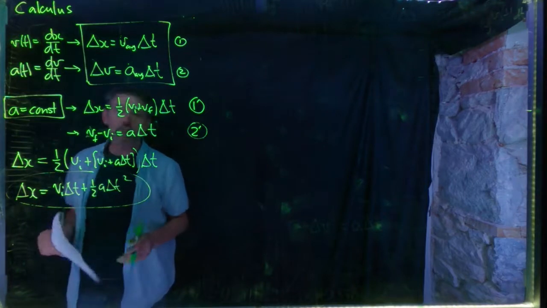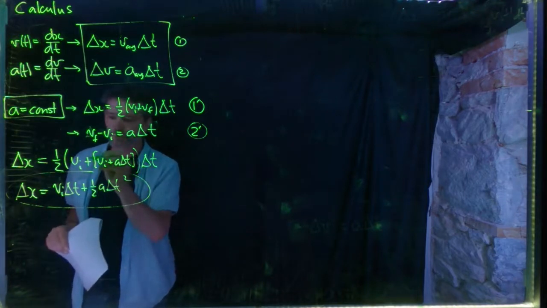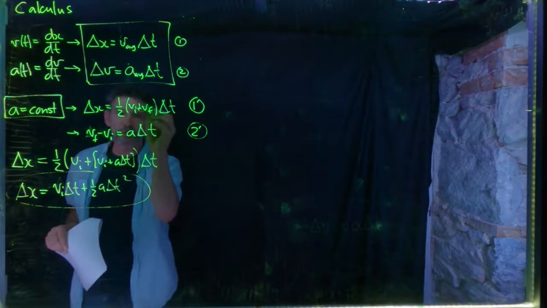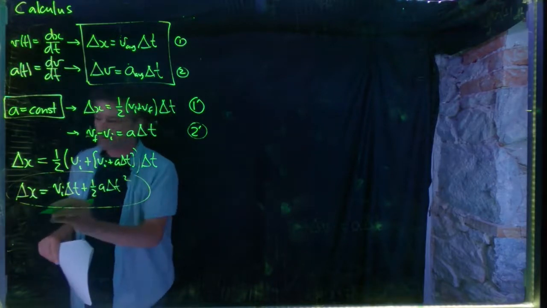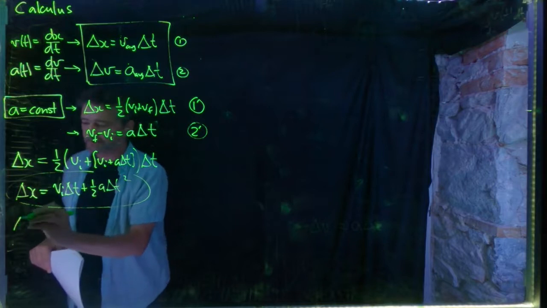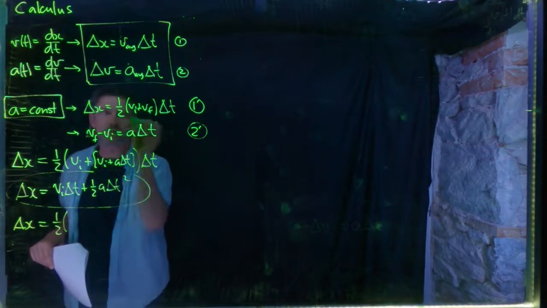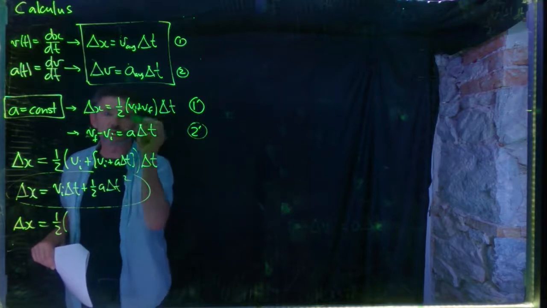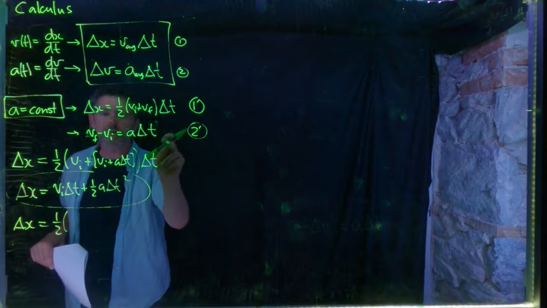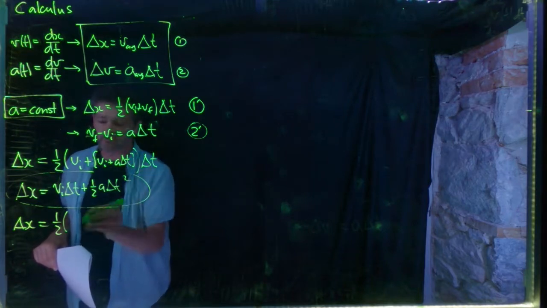However, I want to point out that to get from here to here, we substituted in for v final. We can also substitute in for v initial. So we can say delta x is equal to 1/2. Now, v initial. Well, let's take v initial from this equation. Solving for v initial, bringing that to the right-hand side, v initial is v final minus a delta t.